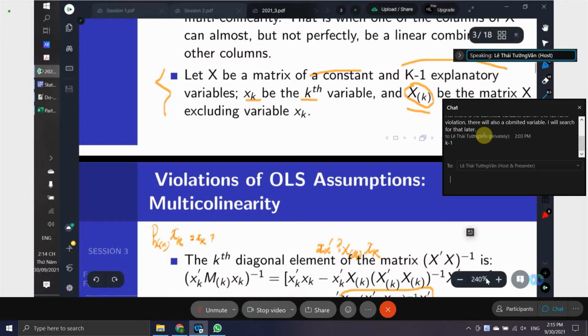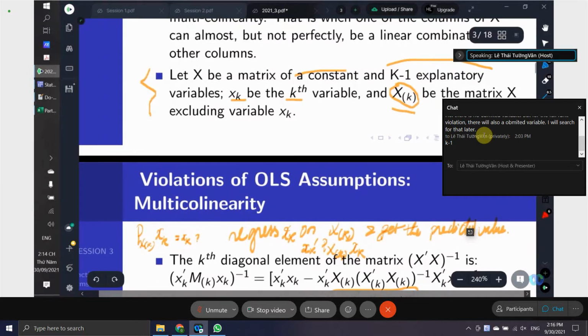So we regress small xk on the matrix xk, and then we will have the predicted value of xk. Yeah, that's what you mean by xk hat, right? Yeah, okay. Do you all agree?